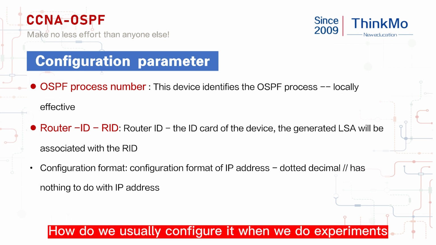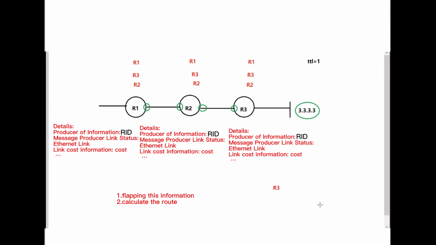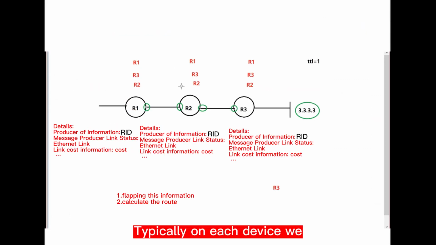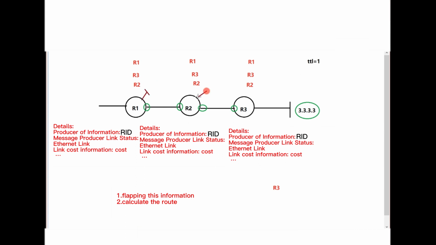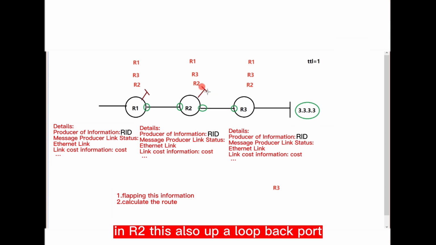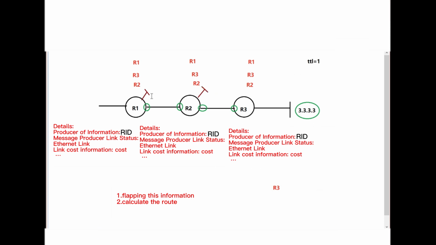How do we usually configure it when we do experiments? Typically, on each device, we bring up a loopback port. Bring up a loopback port on R1, and on R2 also bring up a loopback port. There is already a loopback port on R3. R3 is 3.3.3.3, R1 here is 1.1.1.1, and R2 here is 2.2.2.2.